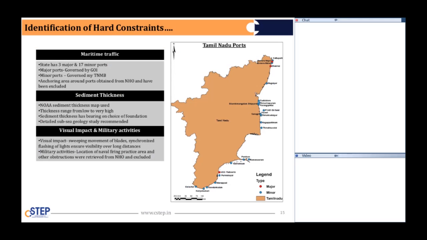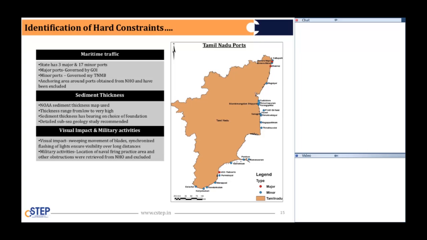Some minor constraints that we needed to evaluate were maritime traffic. So we pinpointed all the major and minor ports on the coast of Tamil Nadu so that potential logistics and staging activities for vessels could be evaluated.